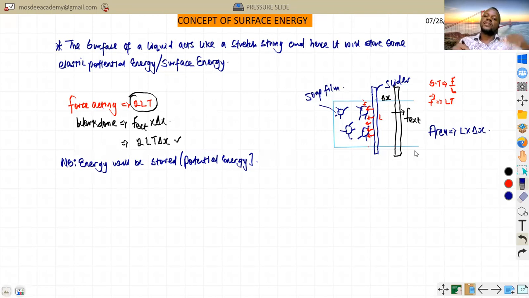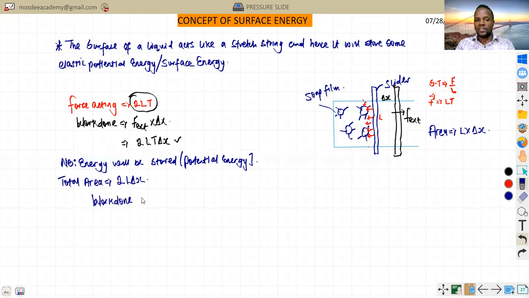But we need to understand that on the soap film, we are considering the top and the bottom. So I can say total area is equal to, if one area is L delta X, then total area will give us 2L delta X. So substituting that in the work done, the work done concept is always easy if you follow through.